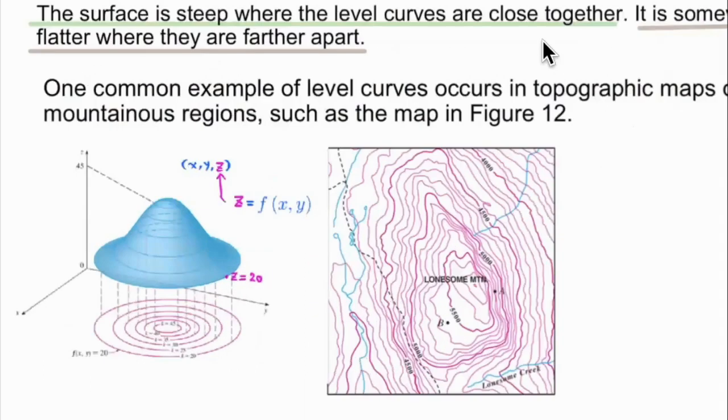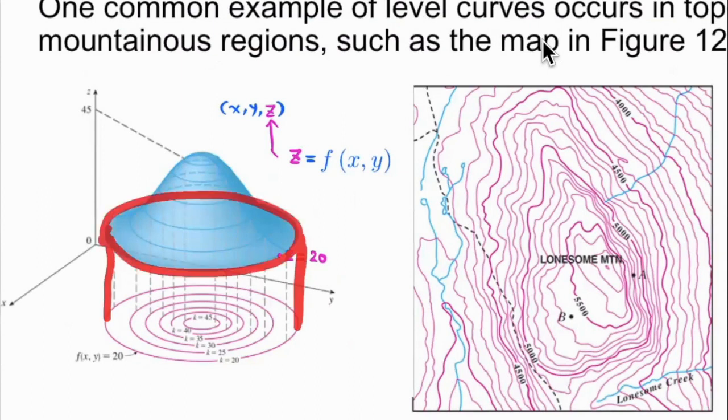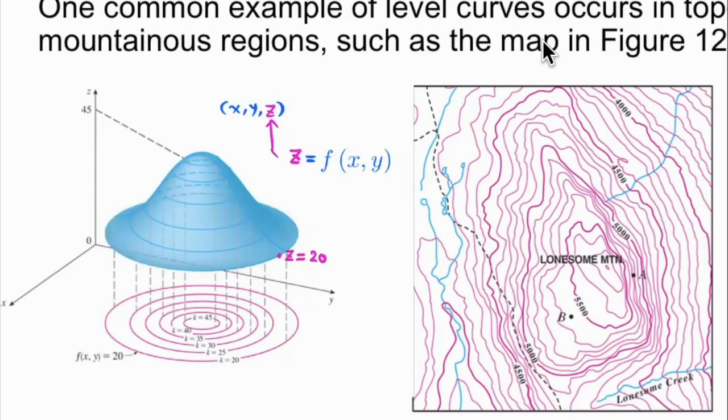So for example, for this level curve over here, k equal to 20, you can take this curve and lift it up 20 units in the positive z direction, and then you get this horizontal trace. And then you take another level curve here, where k is equal to 25.